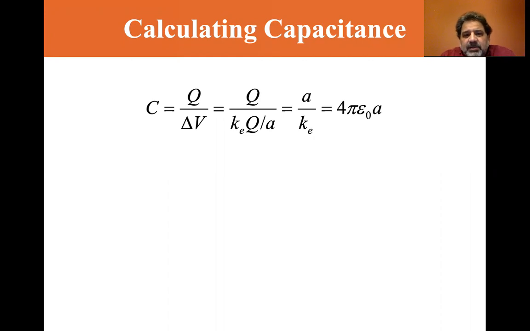Well, the Q's cancel, so you have 1 over k_e over a, and you can invert the fraction in the denominator. You get a over k_e. Well, what is k_e? k_e is equal to 1 over 4 pi epsilon 0. So if you have that fraction 1 over 4 pi epsilon 0 in the denominator, then that just becomes 4 pi epsilon 0 times a.